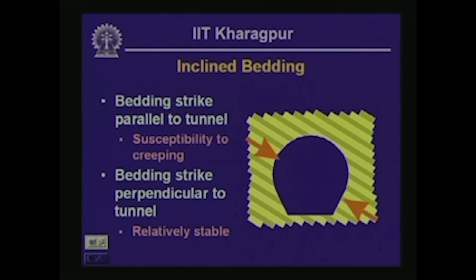rock mass within bedding planes, they are going to try to squeeze into the tunnel, and this is particularly the case in tunnels constructed through ductile rock, and what you are going to end up with is a situation like this.